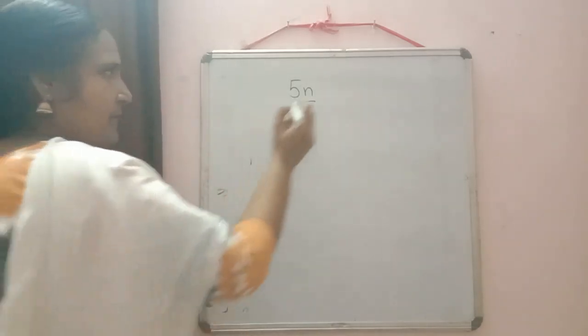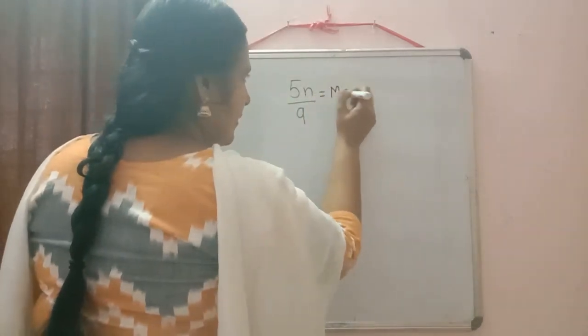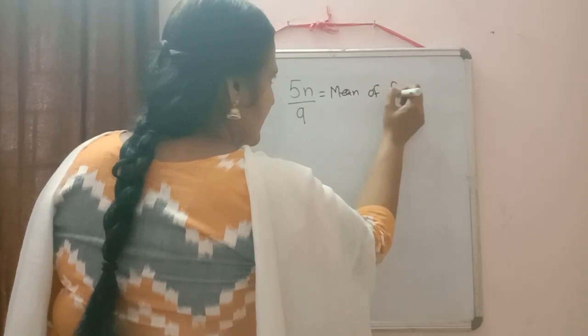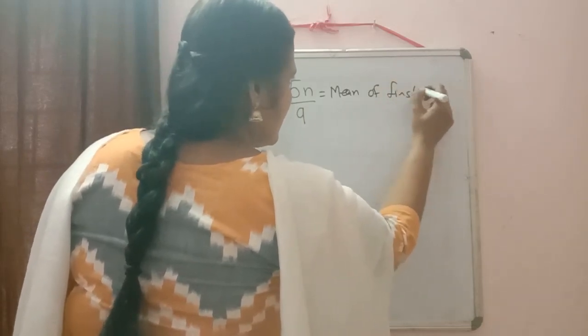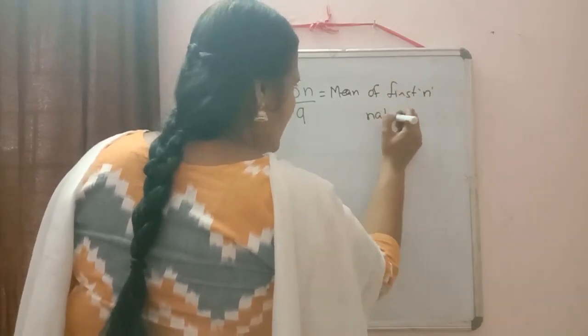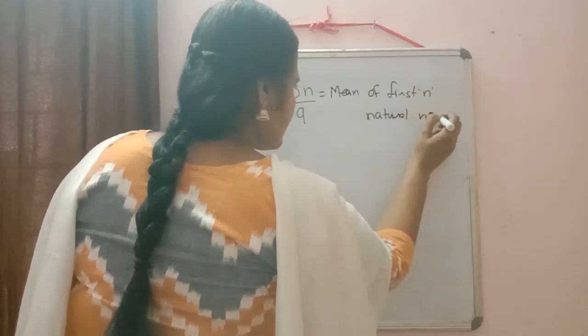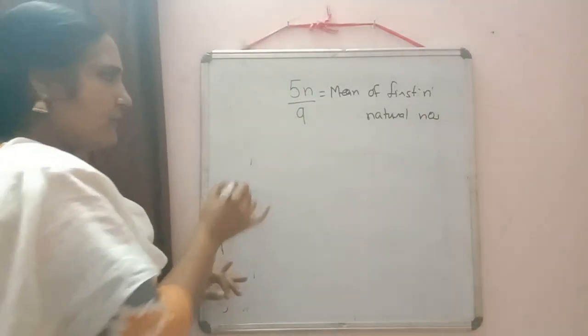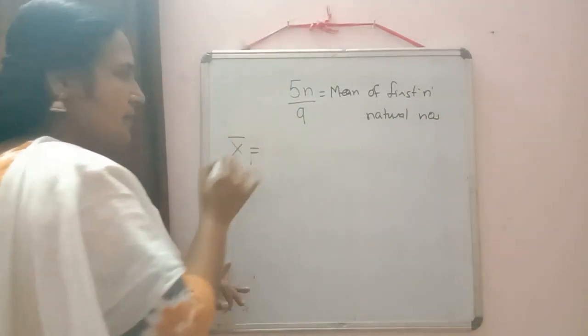It is given this is equal to the mean of first n natural numbers. So first we can calculate what will be the mean of first n natural numbers.